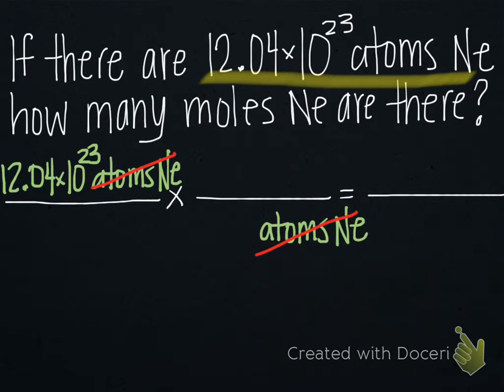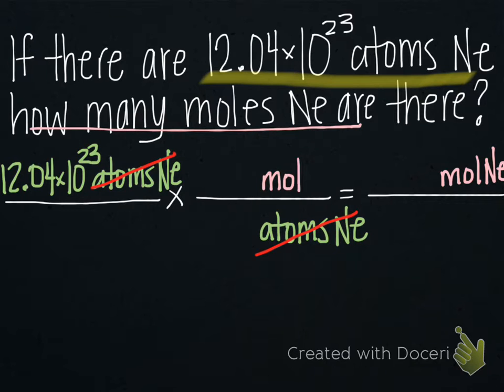We don't want atoms, we want moles. So if we want moles, we've got to put moles in our answer. And if it's in our answer, it's got to be in the problem too. Okay, now look in your notes for which fraction or conversion factor has mole on top and atoms on the bottom.